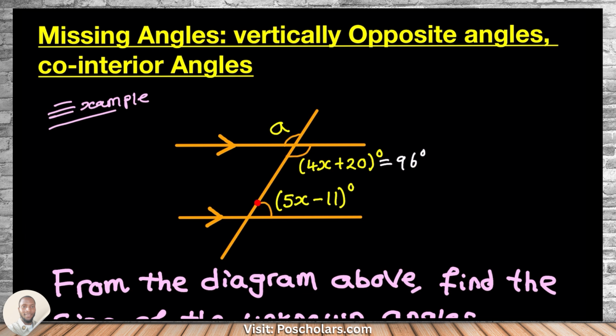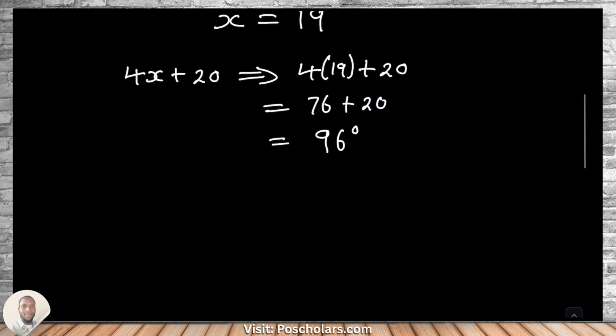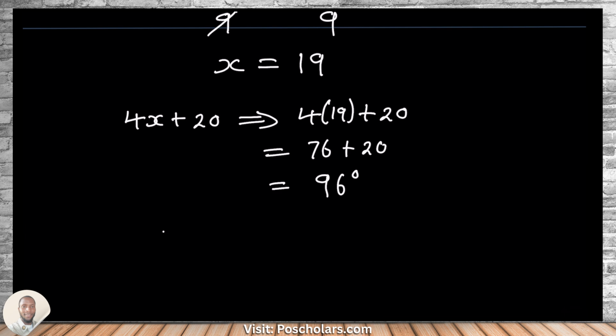Next, let's find the size of this angle. We already know that the algebraic expression there is 5x minus 11. Since we know the value of x now, all we do is substitute the value of x into this expression. So we have 5 into brackets 19 minus 11.